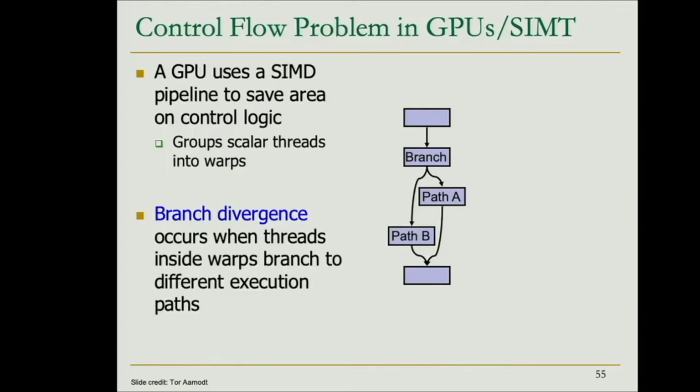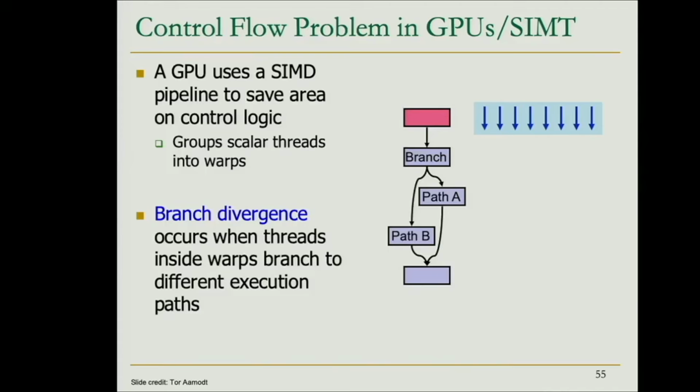And why is that a problem? It's a problem because the 32 threads of the warp are issued at the same time. We have the warp scheduler, which fetches one instruction from the instruction cache, and then launches the 32 threads on the 8 SIMD lanes or 32 SIMD lanes or whatever number that we have.